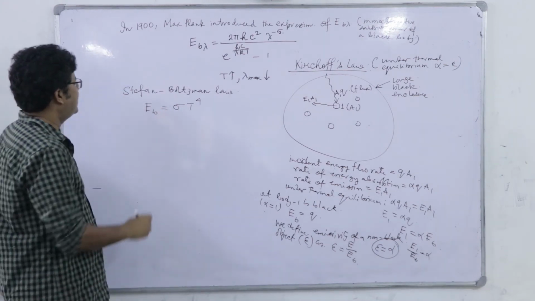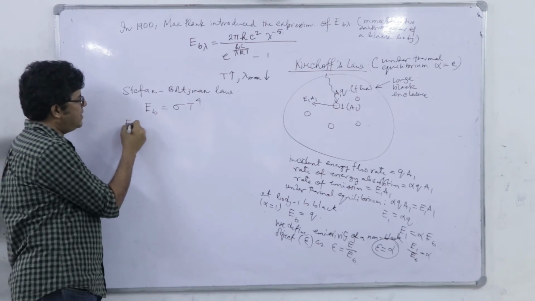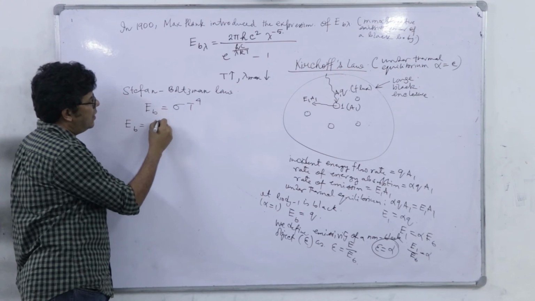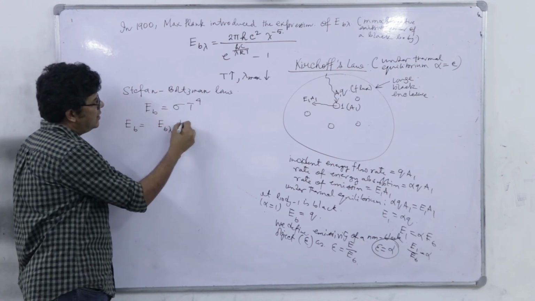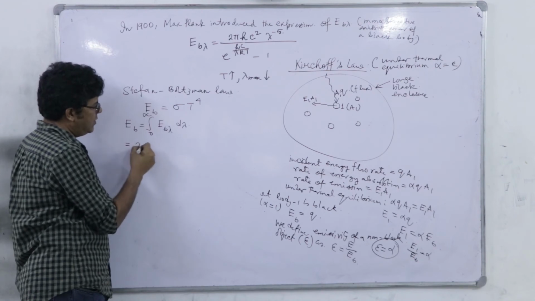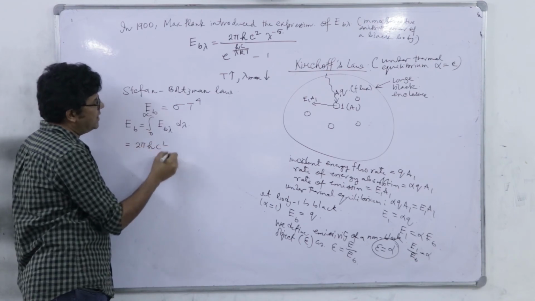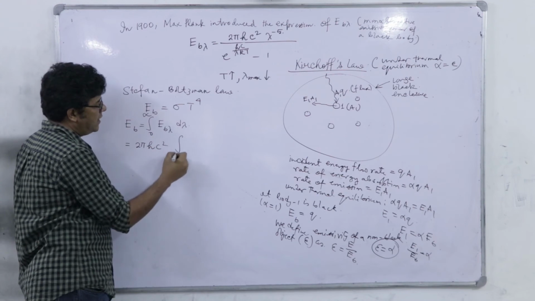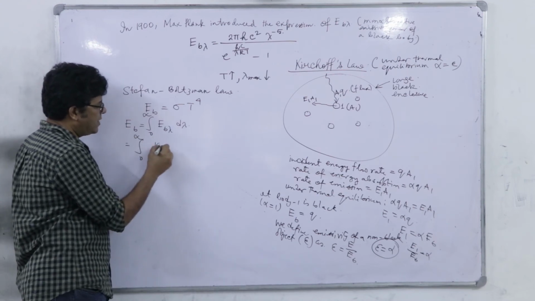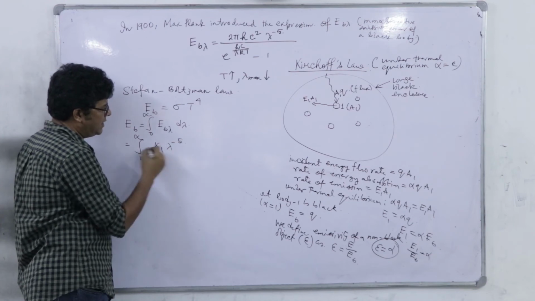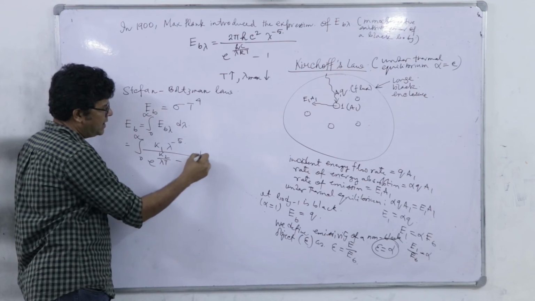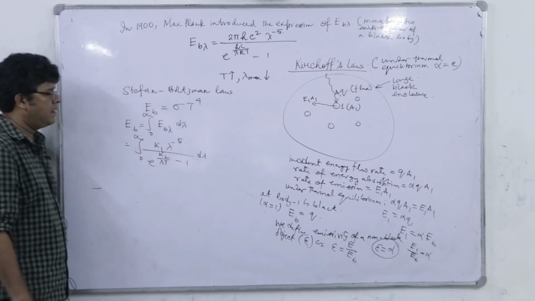Actually, EB is the integral of EB lambda d lambda from 0 to infinity. If I substitute 2 pi h c square inside, we can write the integral from 0 to infinity of k1 into lambda to the power minus 5 divided by e to the power k2 by lambda T minus 1 d lambda.